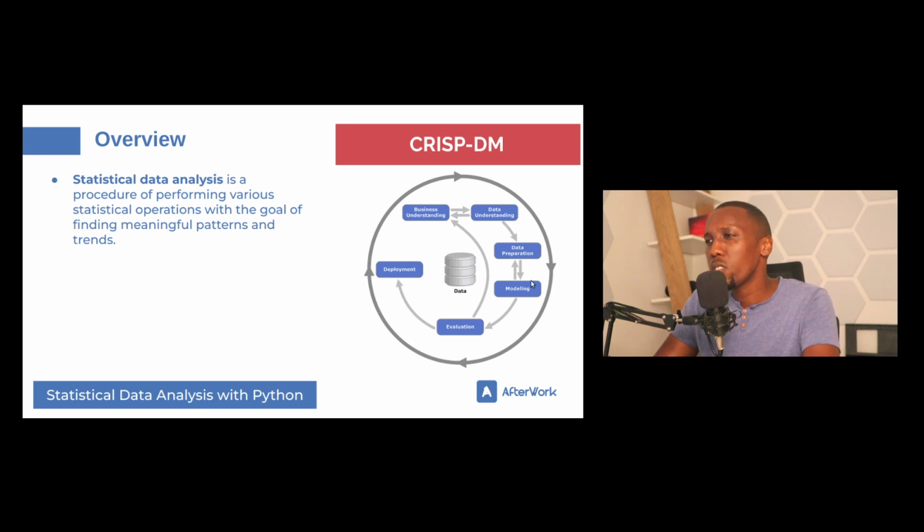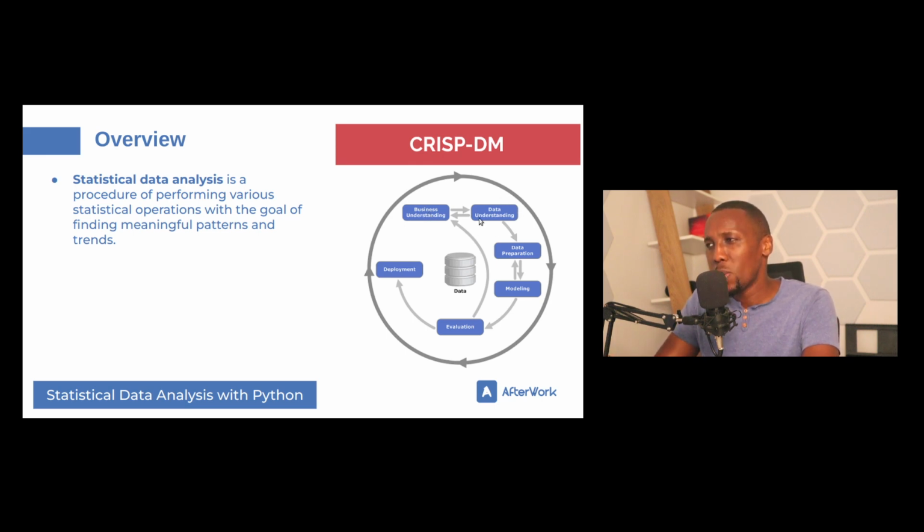On the far right of your screen, you can see an image. This image gives us an idea of how we can achieve a project, more so our project in relation to machine learning. We normally start with business understanding and data understanding. In business understanding, we try to understand the question at hand that has been proposed by business stakeholders.